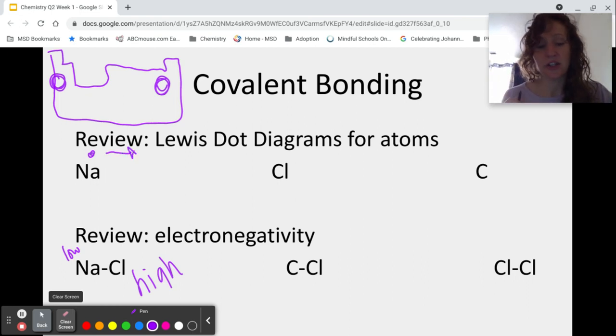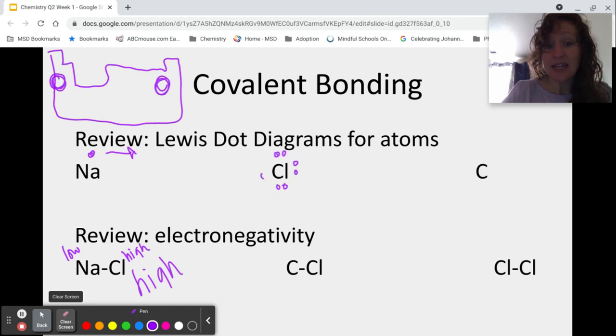Doesn't take a whole lot of energy to pull it off. Chlorine, on the other hand, has a very high electronegativity. And so chlorine is going to hang on to its electrons very strongly, and it's going to grab any electrons that are near it very strongly as well.